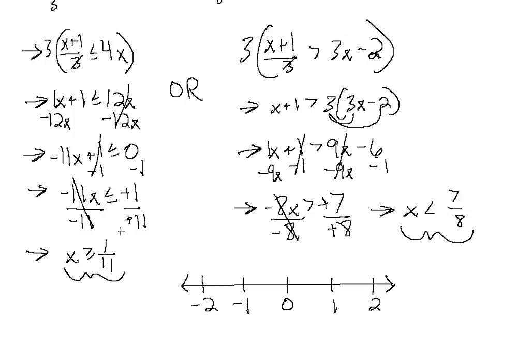So we're looking for all the values that are greater than 1 over 11, but we're including 1 over 11. So that should be somewhere right here. We're going to place a bracket because we're including this point in our solution. We're also looking for all the values that are less than 7/8. We're not including 7/8 in our solution interval, so we're going to put a parenthesis, and it's about right here. And then we just shade in between, and that's our solution interval.